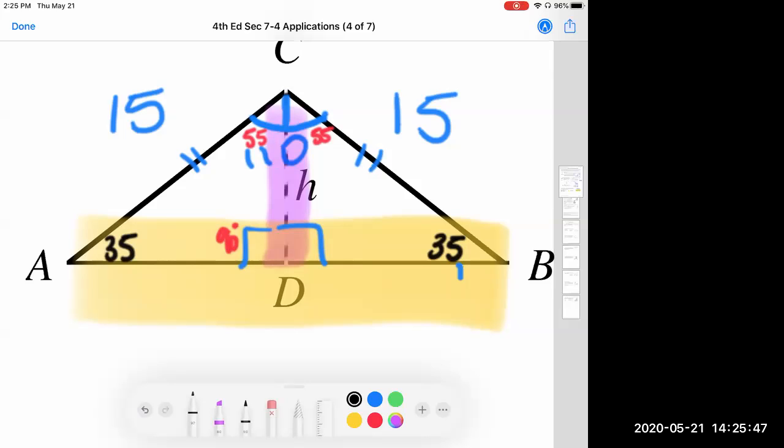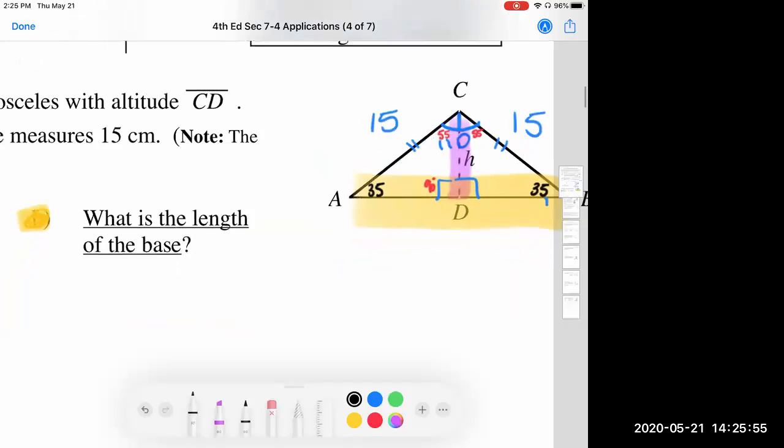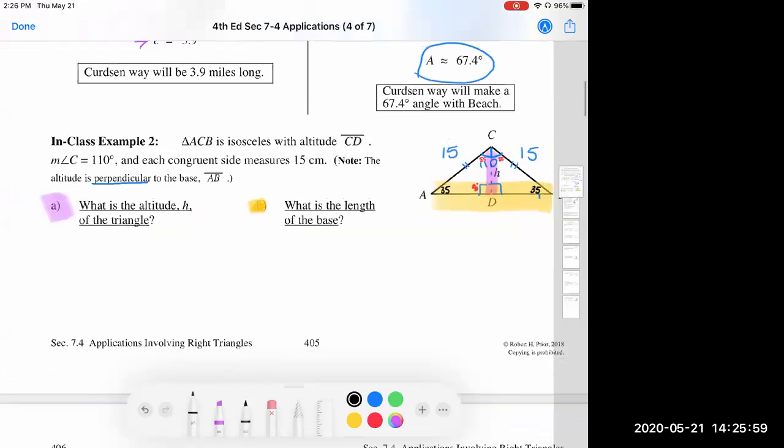Now, we just need to find the parts that are in purple and blue that we have highlighted. We can go ahead and do that using our triangle trigonometry. So let's take a look at A. What is the altitude H? Pick any angle that you want to work with. Let's say 35 degrees.